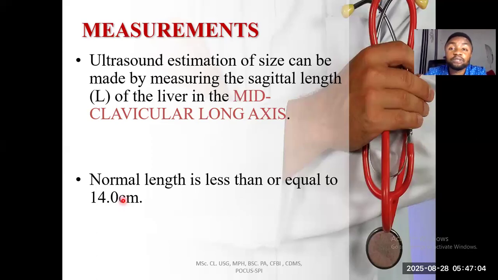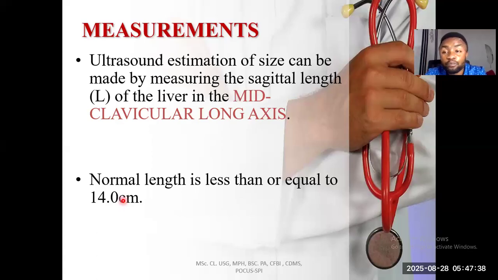Once it goes beyond 15.5, it is a problem, meaning it is what? Hepatomegaly. Do you understand? Even though there are some researches that people are doing now, that some of them can say that liver can get up to 16, because some people are very, very tall nowadays because of the growth hormone that they inject when they are young. So that one, yes, but in Africa, no, it's not part of us.